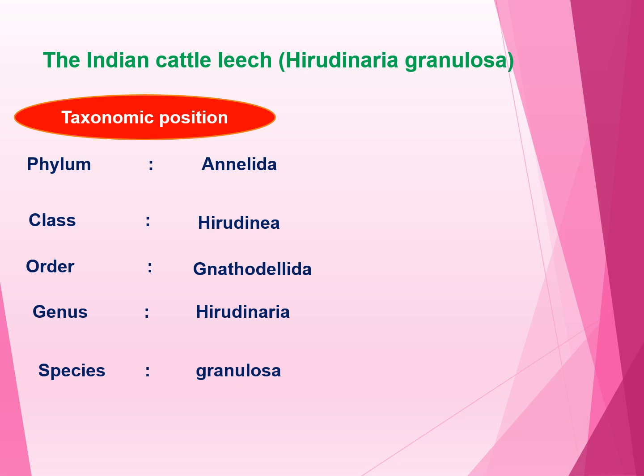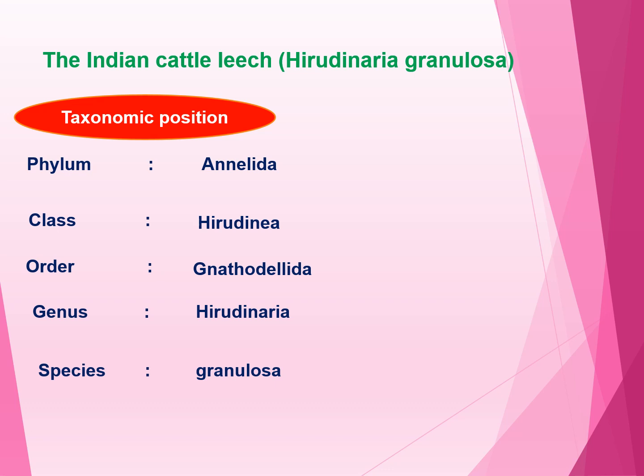The animal kingdom is divided into 12 phyla. One of the phyla is Annelida. The phylum is divided into classes, that is Hirudinea. The class is divided into many orders.